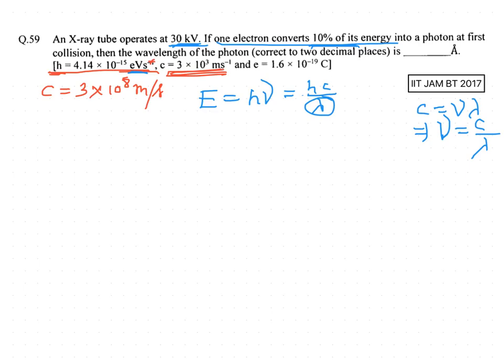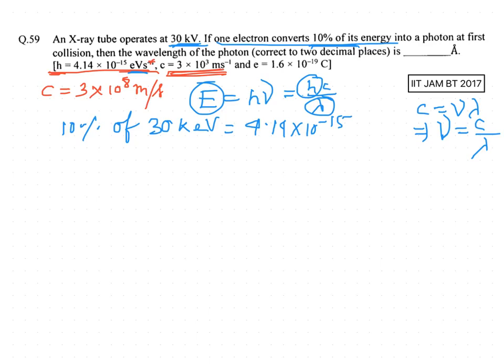So 10% of 30 kilo electron volt equals hc by lambda. Let us put the value of h, that is 4.14 times 10 to the power minus 15.